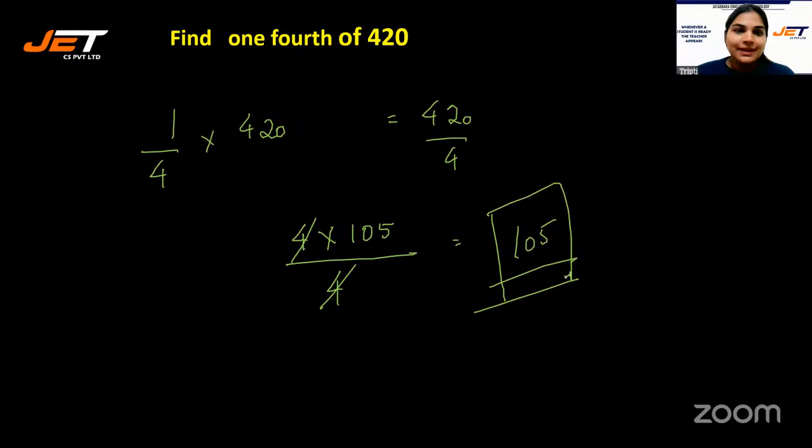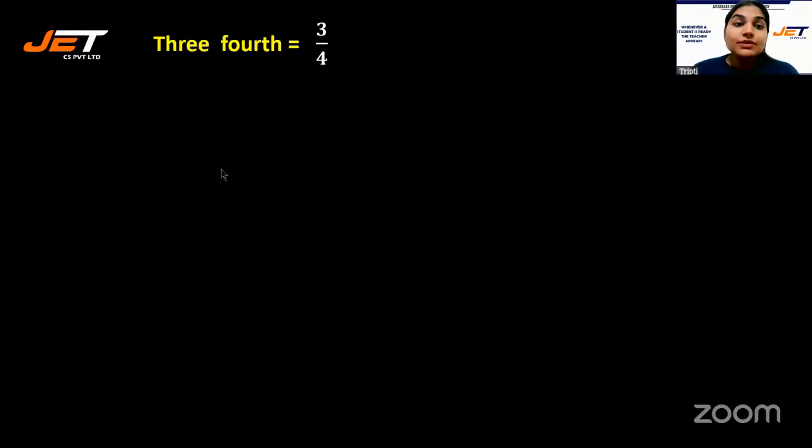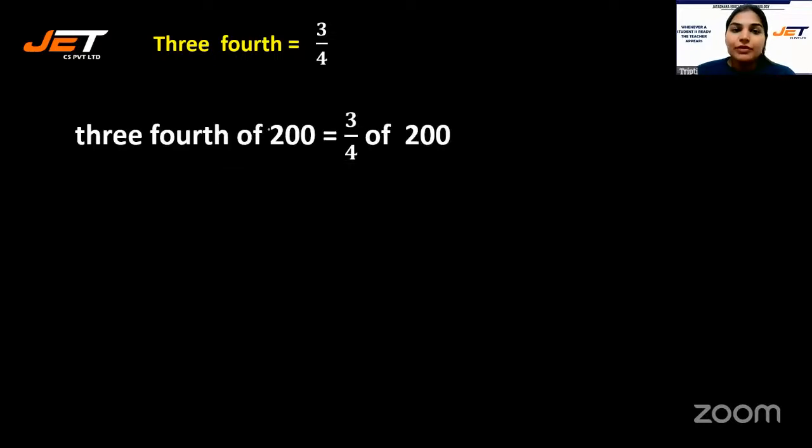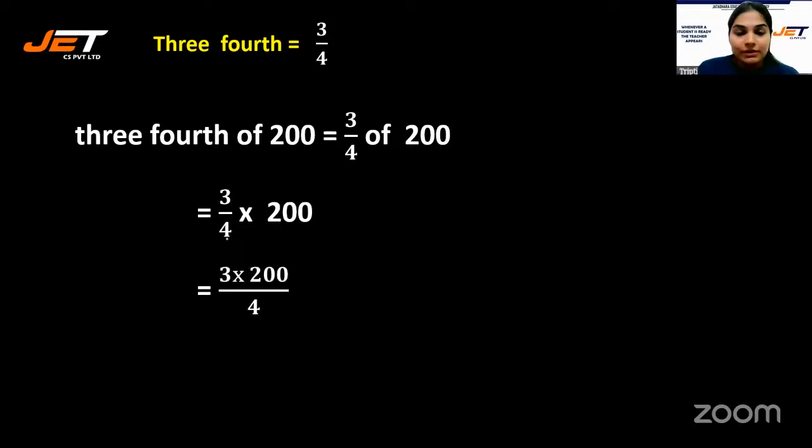Now comes 3/4. What do you mean by 3/4? 3/4 is 3 by 4. 3/4 of 200, so 3 by 4 of 200, 3 by 4 times 200 basically. 3 times 200, in the denominator it's 4.